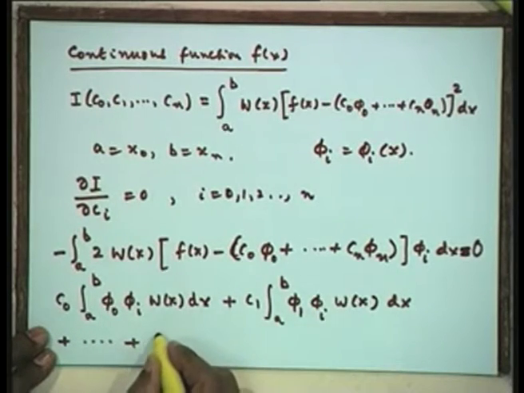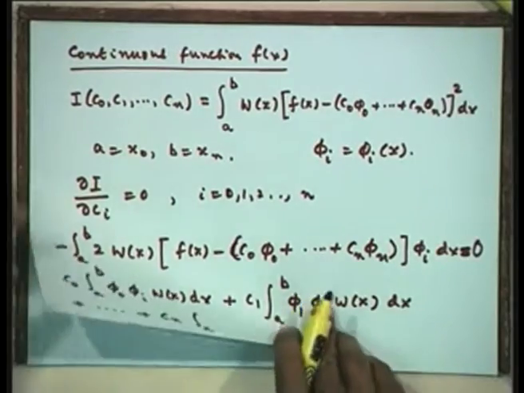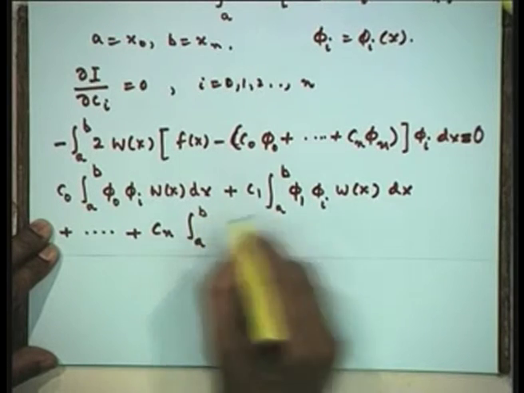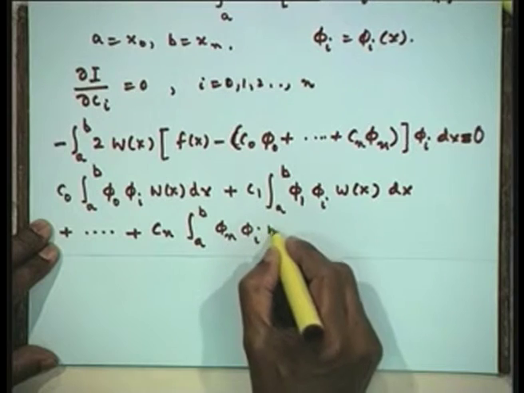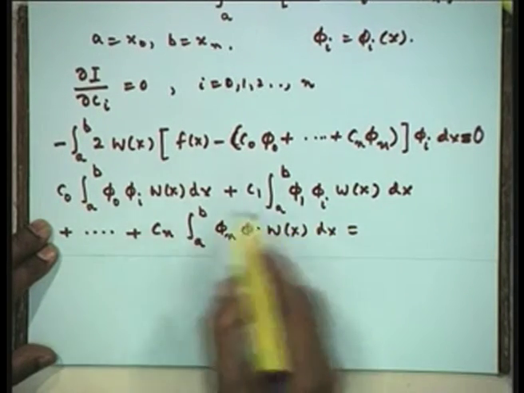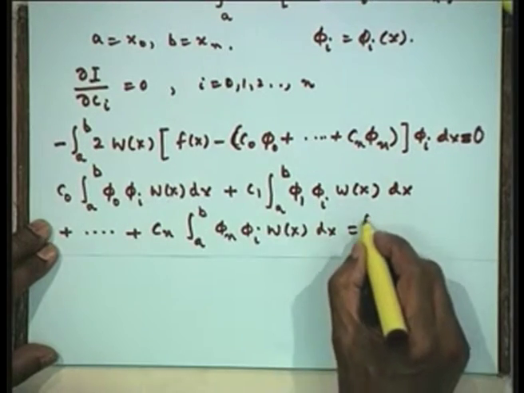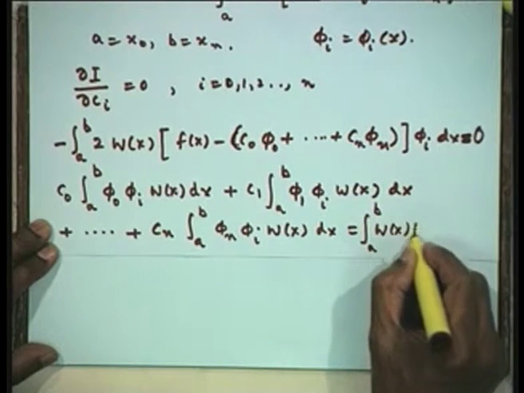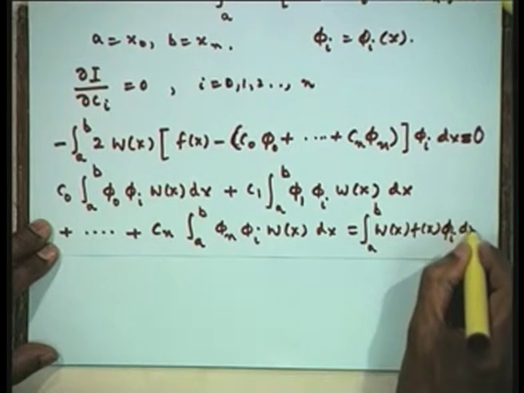The last term will be cn times the integral from a to b of phin phi i w(x) dx. On the right hand side we have w(x) f(x) phi i, so this integral goes to the right hand side: the integral of w(x) f(x) phi i dx.